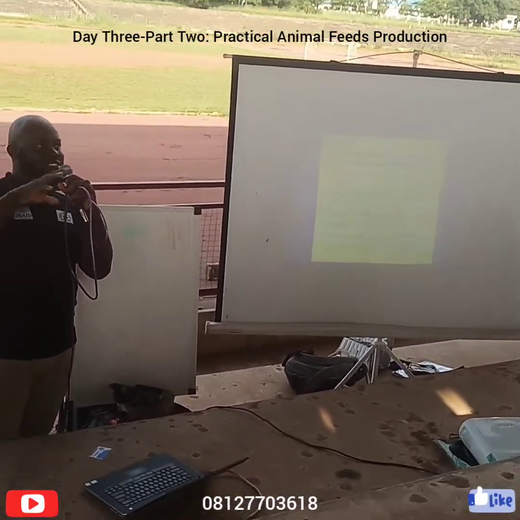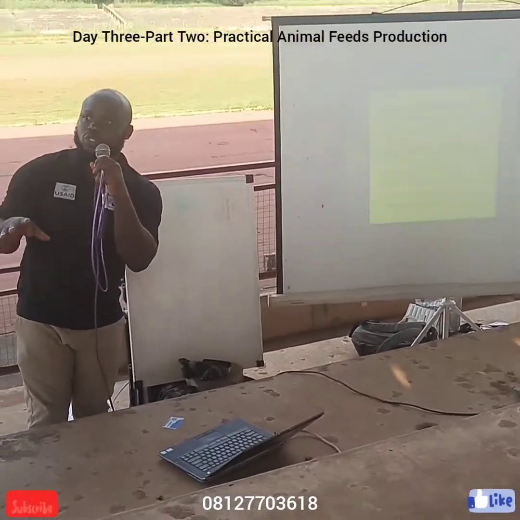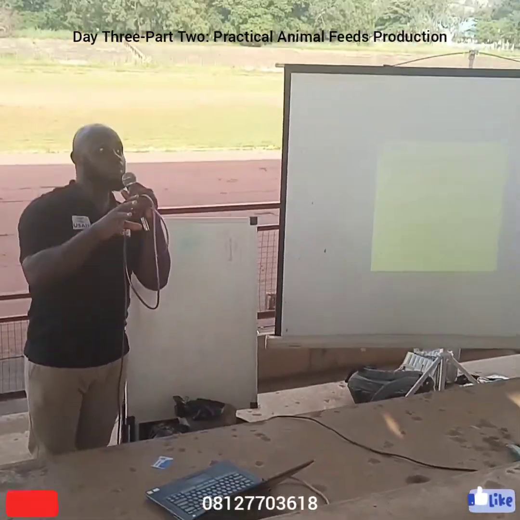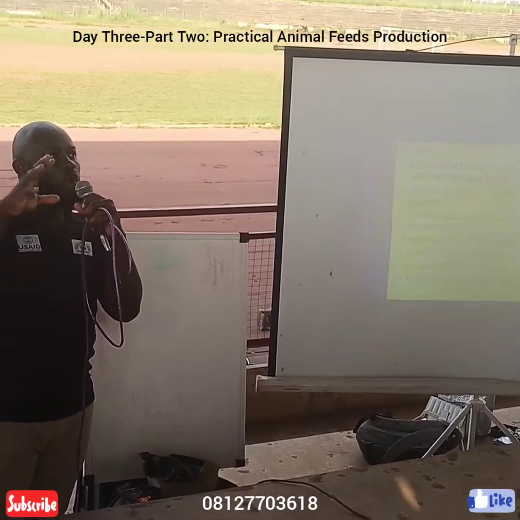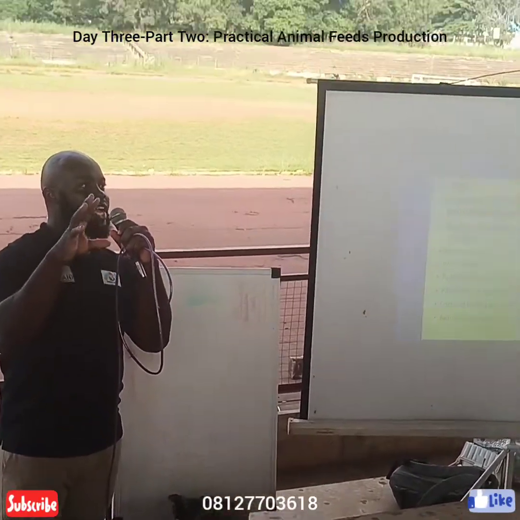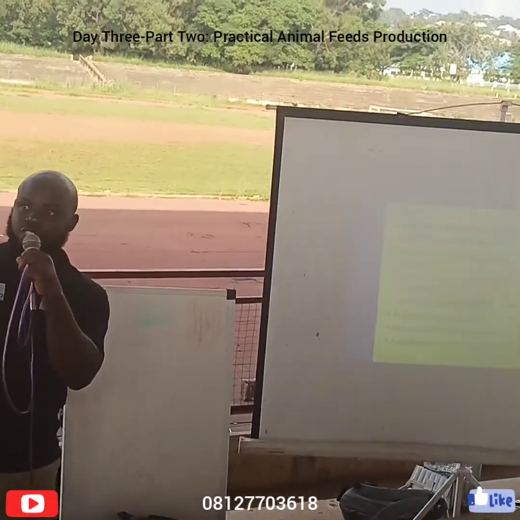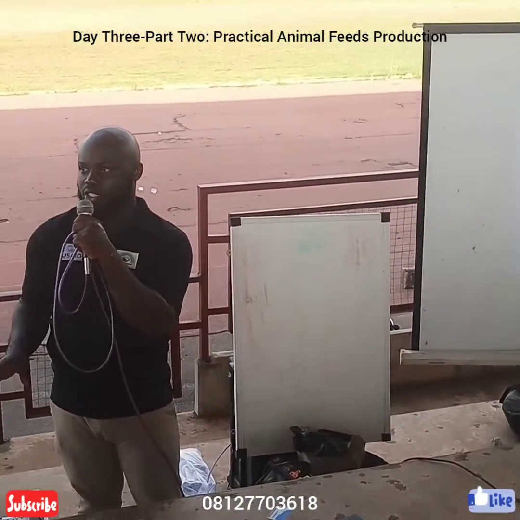Generally, including for humans, when we are small, they will tell us give the children more protein, because they need more protein than us adults. We adults need more energy, more carbohydrates. So generally, all juvenile animals require higher protein percentage, while adults require lesser protein percentage.